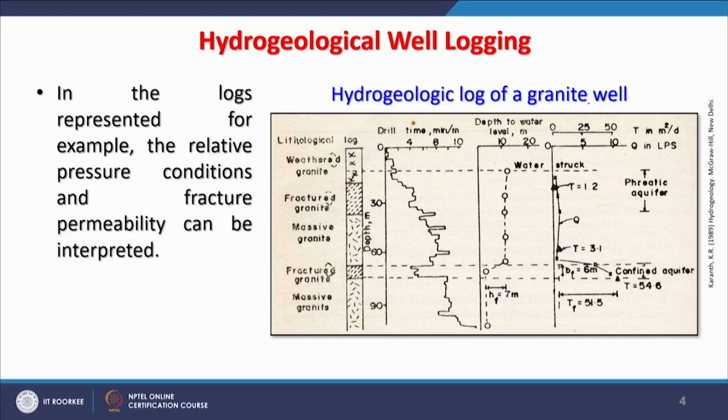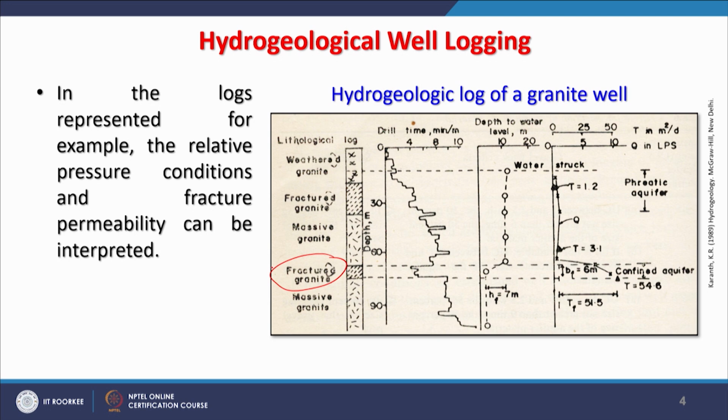So, the logs represented in this example also let you record the pressure conditions if a different kind of drilling is used where compressors are used, and even if water is used, pressure conditions are also recorded. Fracture permeability can also be interpreted, because how much permeability is available in that fractured granite can also be recorded.